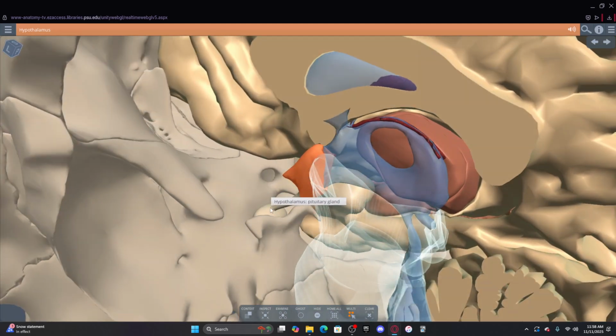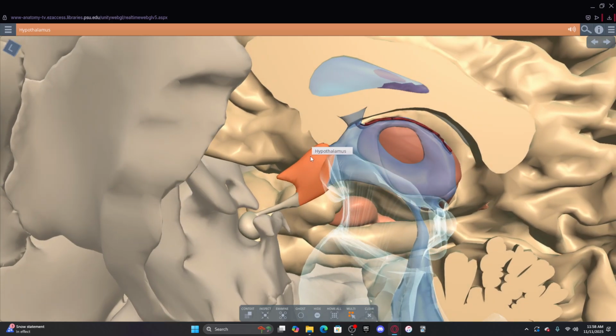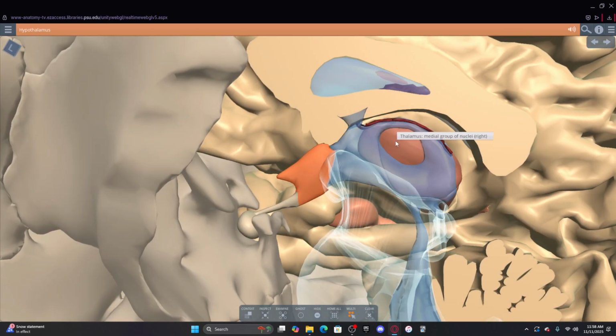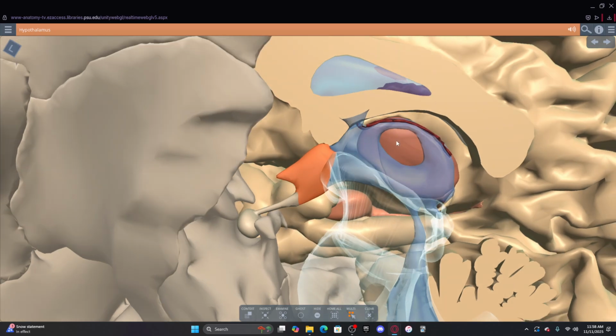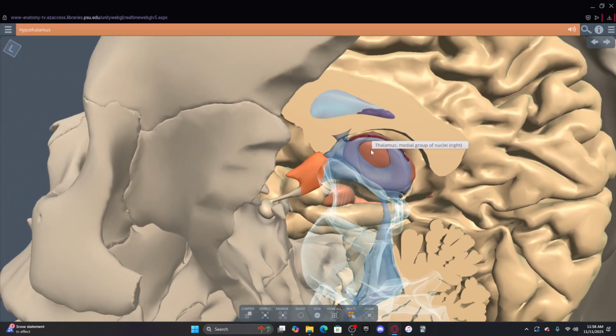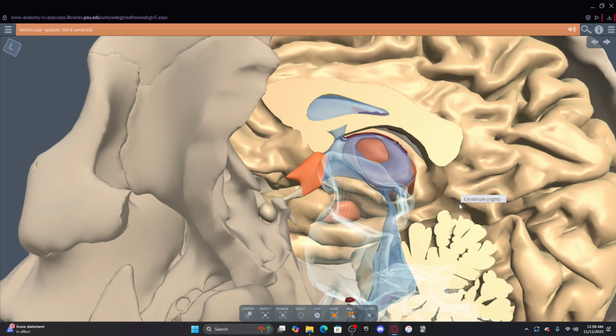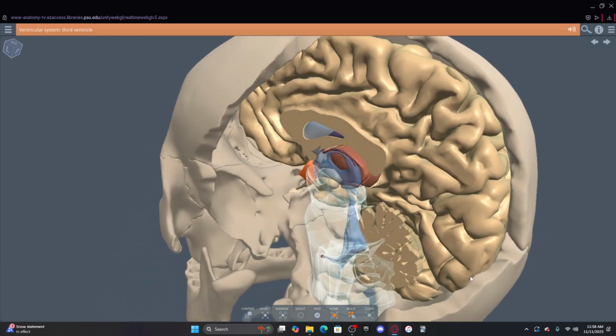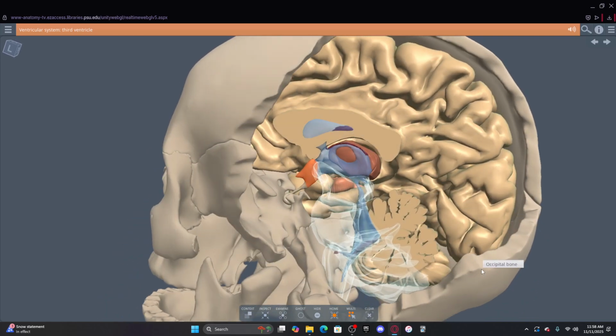Then we have the pituitary gland, which is connected to the infundibulum, which is then connected to the hypothalamus. And this is the other aspect of the thalamus, but we're not really seeing it completely. We're only seeing the interthalamic adhesion, which connects the right and the left thalamus. Then we see the third ventricle. I just want to give you guys an image of how the brain actually sits inside of the cranium.